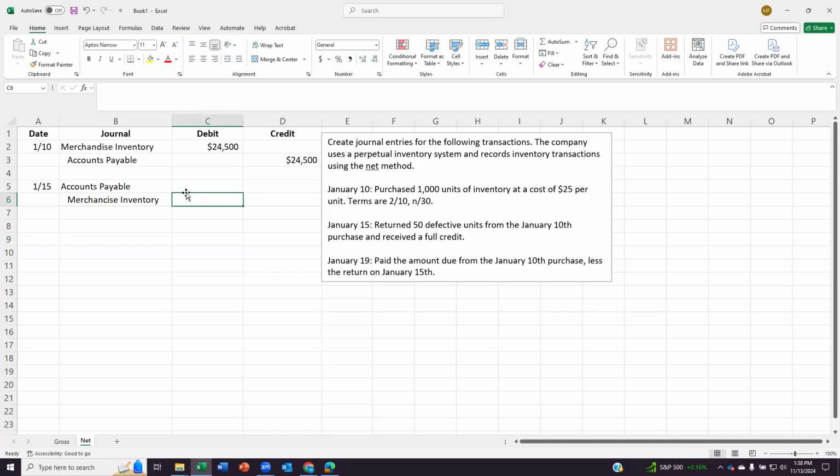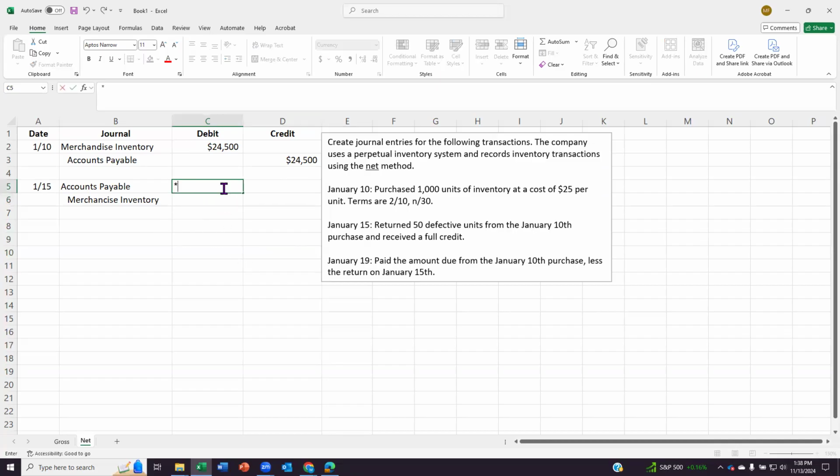So if I have 50 units, and I'm getting a full discount on them, I would do 50 times their cost of $25, which is $1,250. But then I'm going to also do that less the discount. Why? Because I recorded the purchase at the discount. I also need to record any returns at the discount.